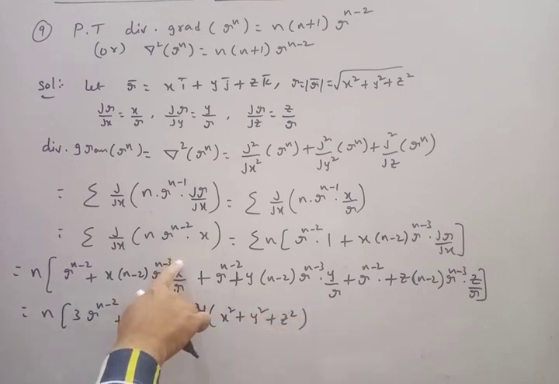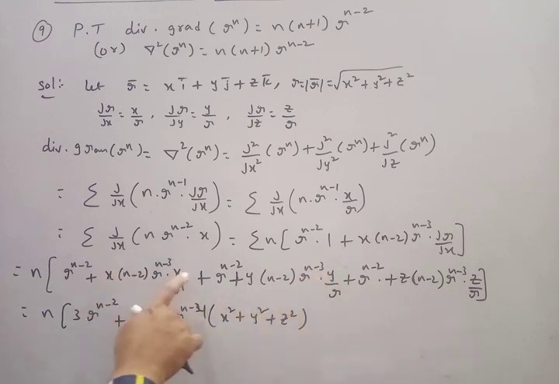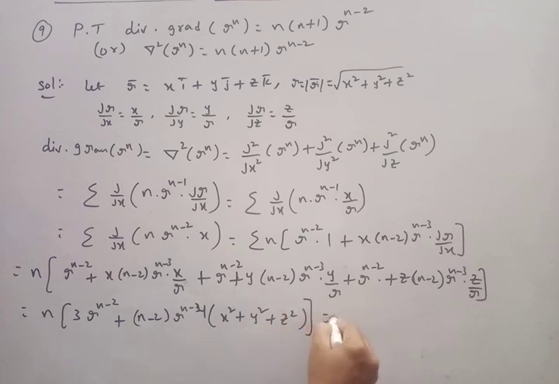This r will come to the numerator, n minus 3 becomes n minus 4. So this term came out: n minus 2 r power n minus 4, x into x, x square, y into y, y square, z into z, z square is left. Correct? So this is equal to n into 3 r power n minus 2, n minus 2 into r power n minus 4. What is this value?